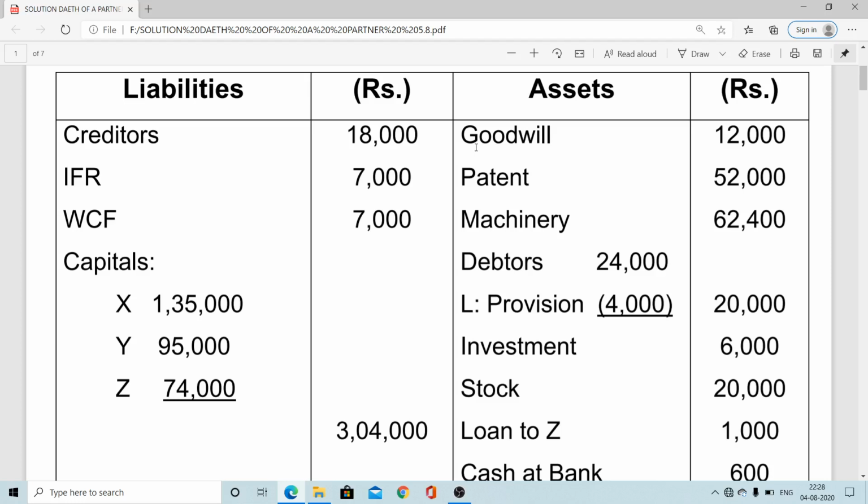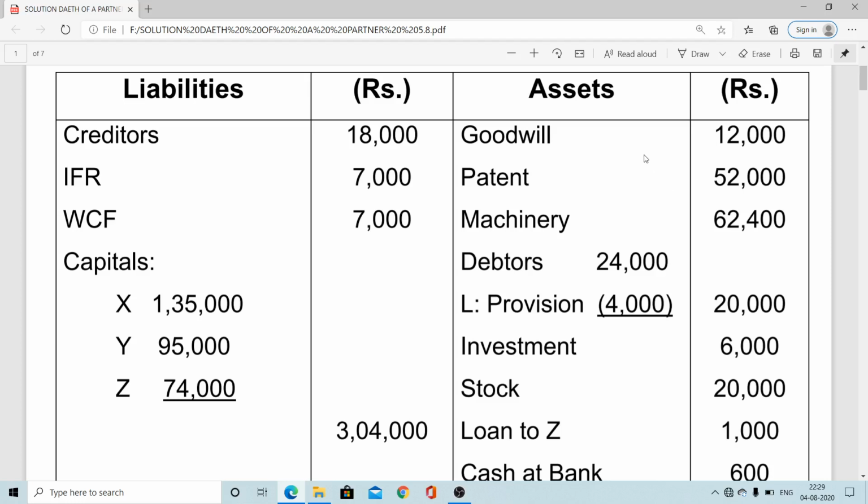Now this is the new term we are getting in this question, that is goodwill, an intangible asset. Goodwill is 12,000, and we know when goodwill is shown in the old balance sheet, we have to eliminate it.